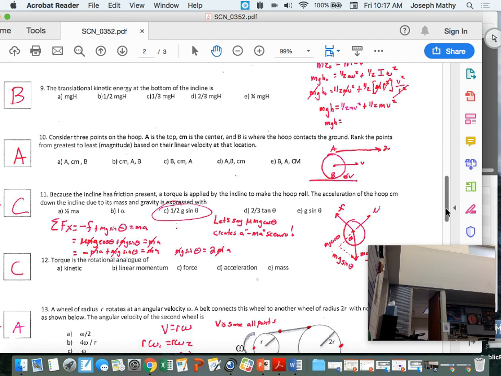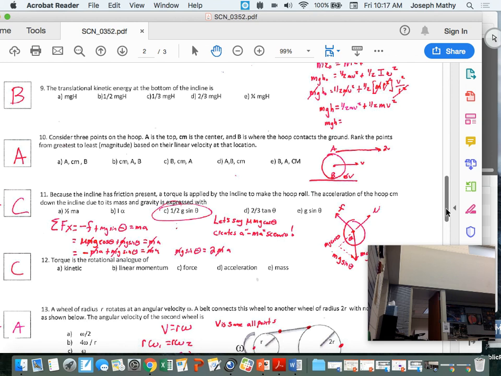To make that combine mathematically, we would take 1/2 of mgh. For number 10, that's literally right out of our unit notes that we have double the values of A compared to B. 11 is very tricky because 11 did not leave the problem in mu mg plus mg sine theta.